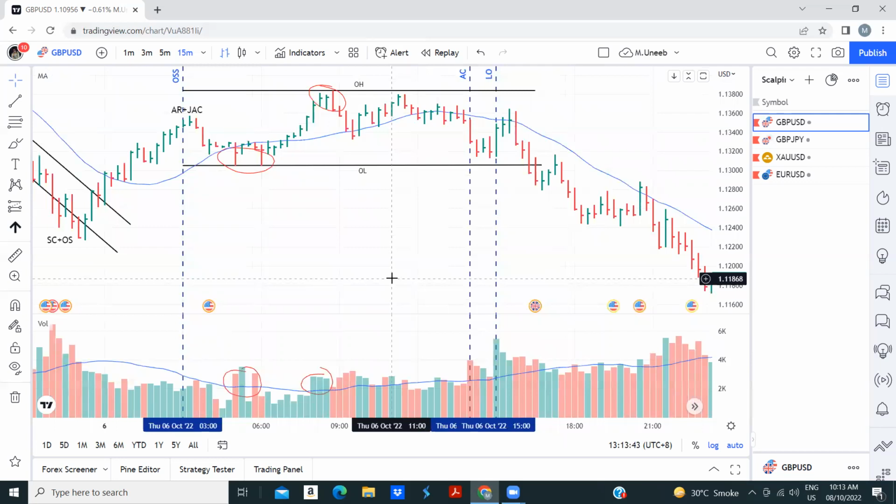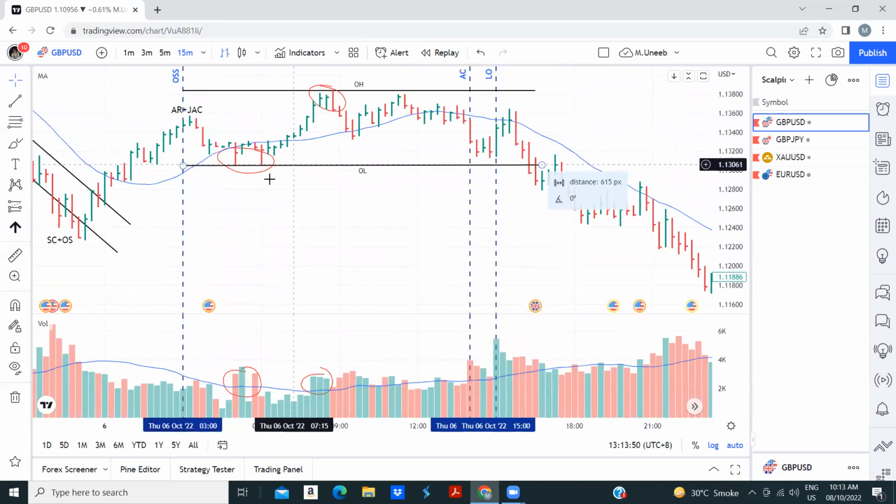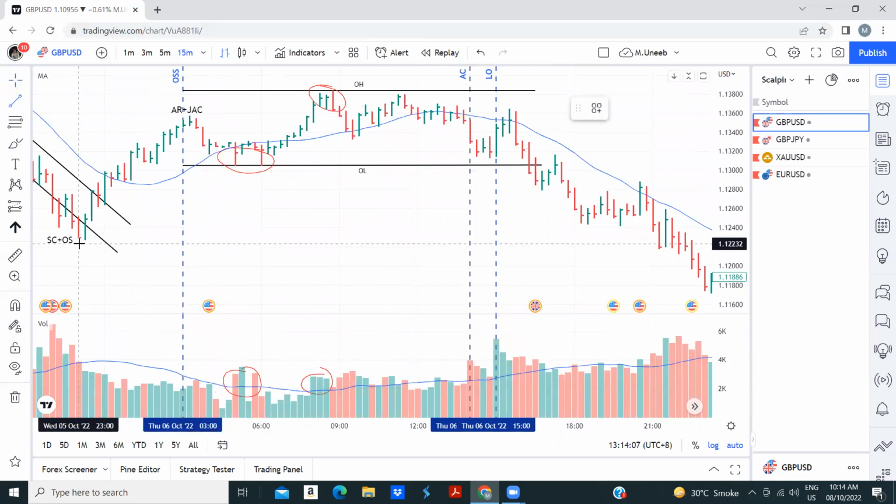So let's start marking it. When we enter the range, how would I mark the channel here? Let me first tell you, when we have this AR and JAC move, then we see this high volume at the top.